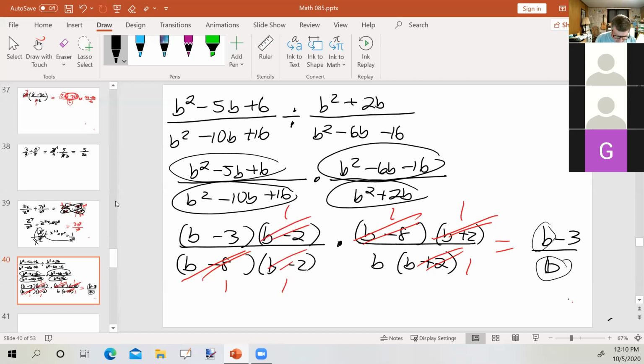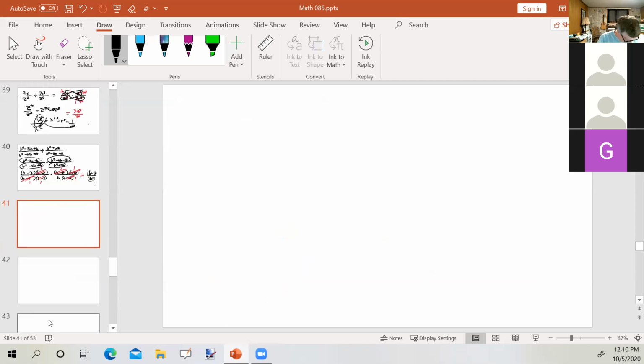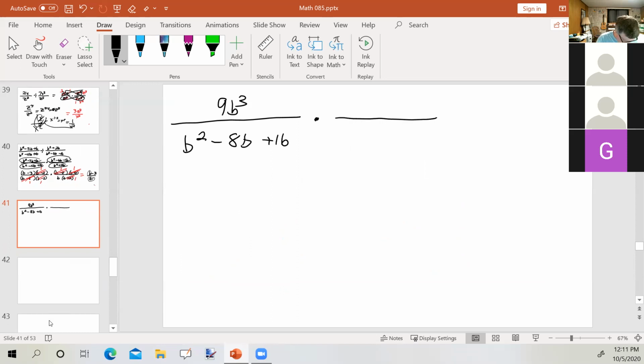Let's see here. How about this one? 9b cubed over b squared minus 8b plus 16 times b minus 4, the quantity raised to the 4th power, over 15b to the 8th.